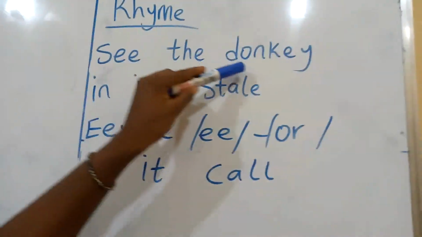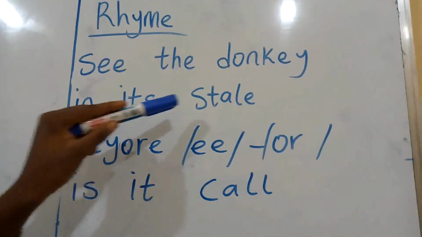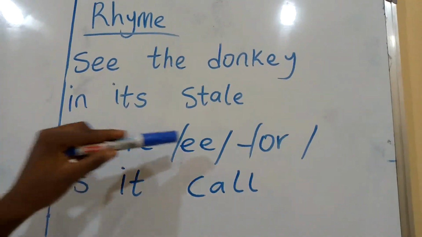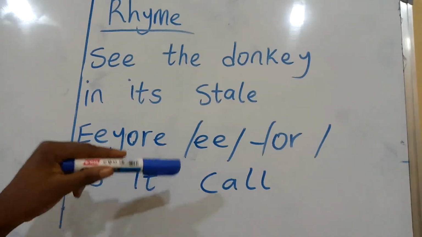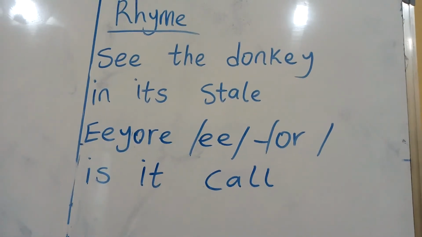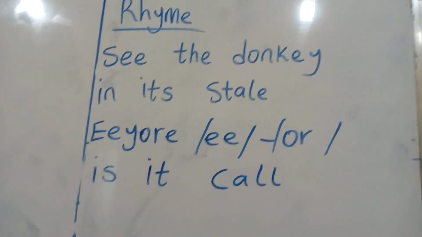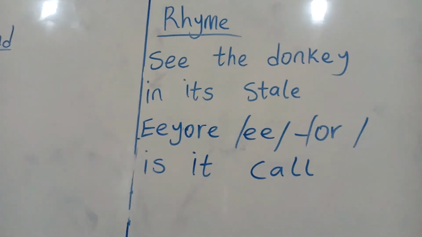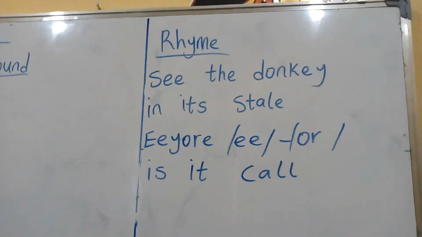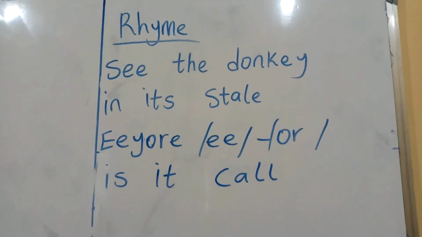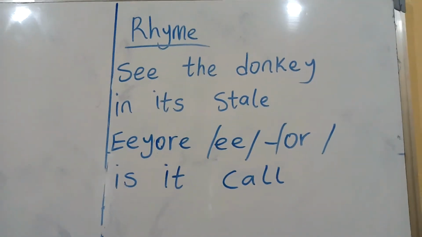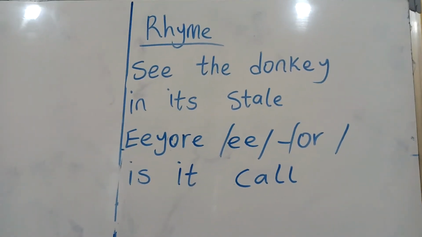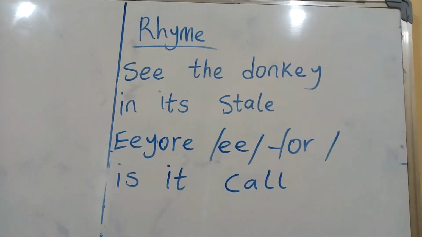See the donkey in its tail. E-R, is it call? Can we sing that rhyme together? Lovely. Okay, good. So now we are going to take down homework and then you are going to sing this rhyme for mommy. What are you going to do? Sing this rhyme for mommy.